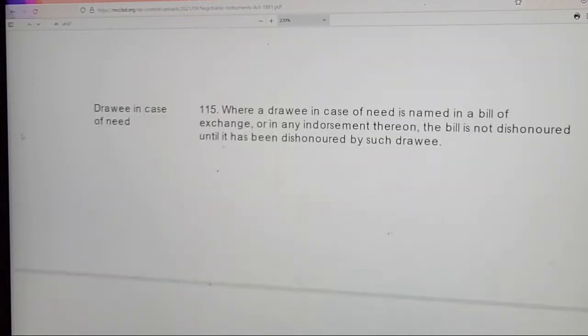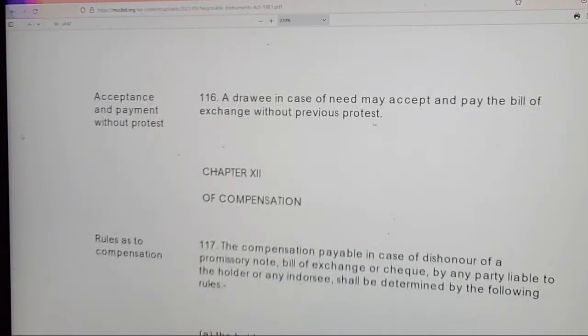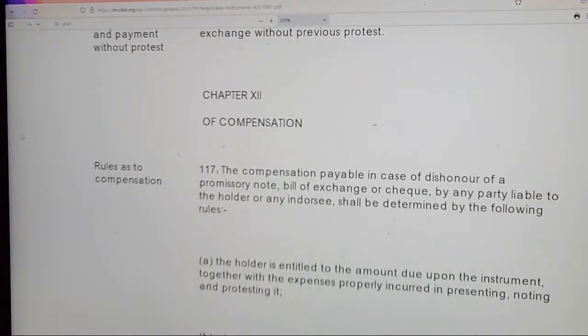Drawee in case of need. 115. Where a drawee in case of need is named in a bill of exchange or in any endorsement thereon, the bill is not dishonored until it has been dishonored by such drawee. Acceptance and payment without protest. 116. A drawee in case of need may accept and pay the bill of exchange without previous protest.